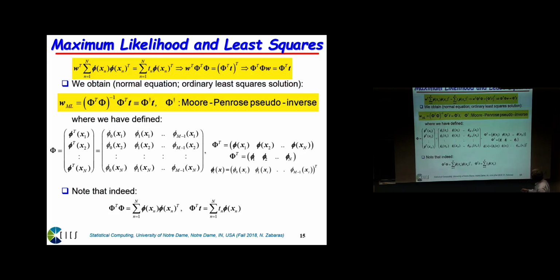This is very important to remember: each row in this matrix phi corresponds to one input point, x1, x2, and each row evaluates that point using the basis functions phi0 to phi M minus 1. In practice, people call this the design matrix. It's completely defined by your data.